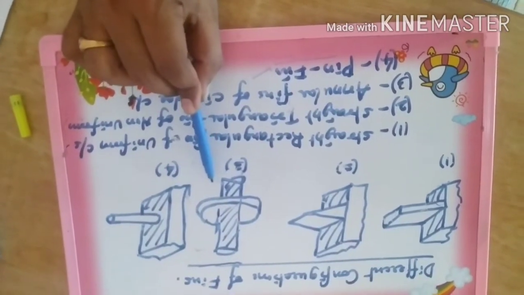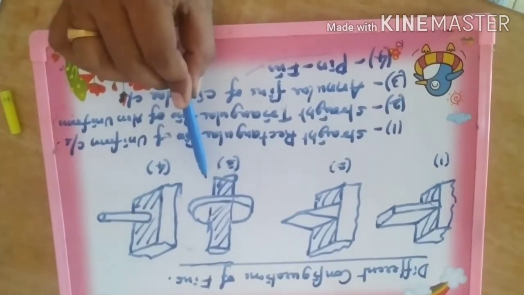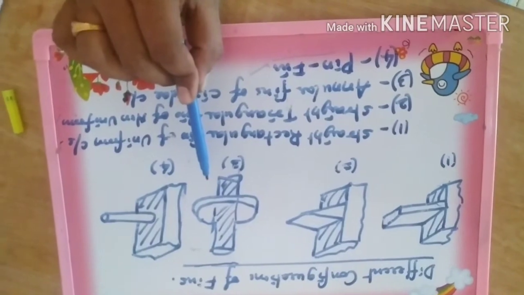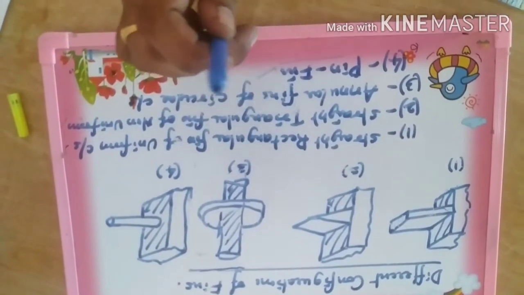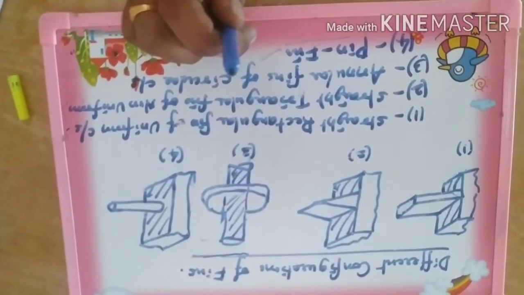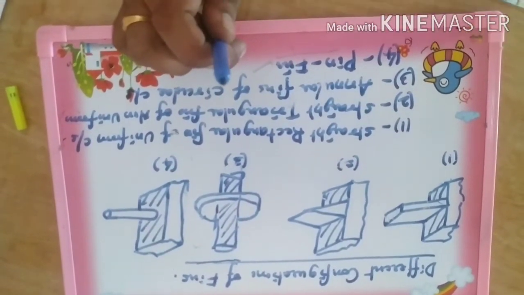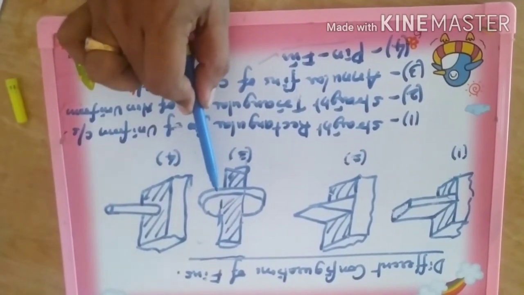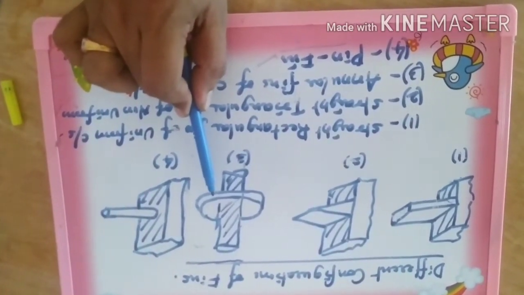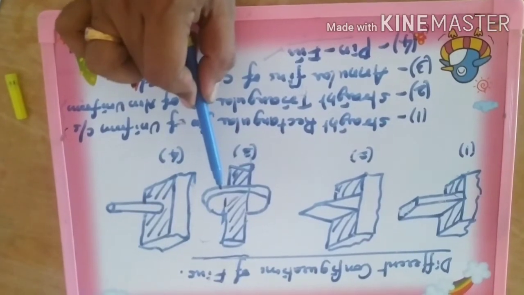The third one is called annular fins, because to the cylindrical base surface, along the circumference, the fins are attached, which are in the form of circular area. So here the cross section of the fin will be circular. It can be triangular, it can be rectangular as well.